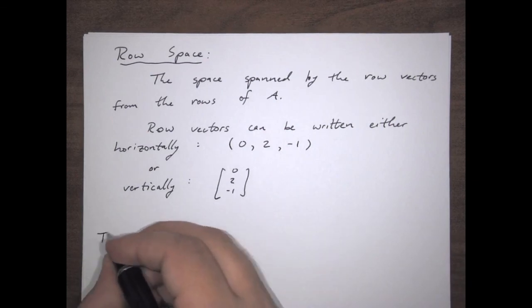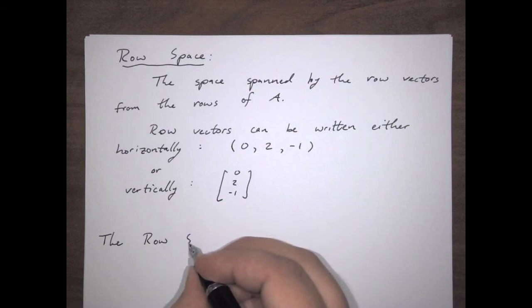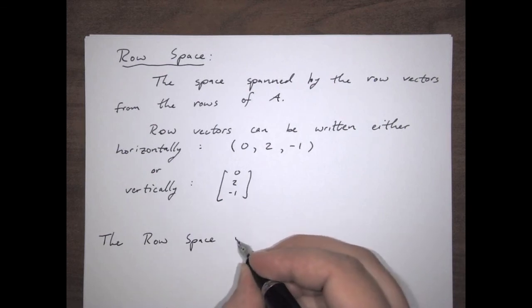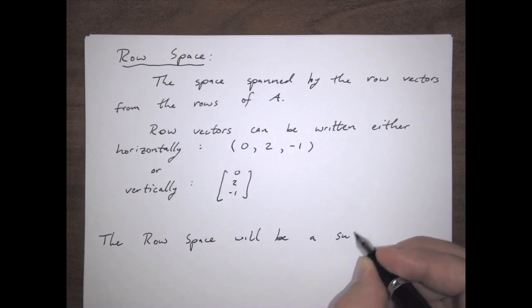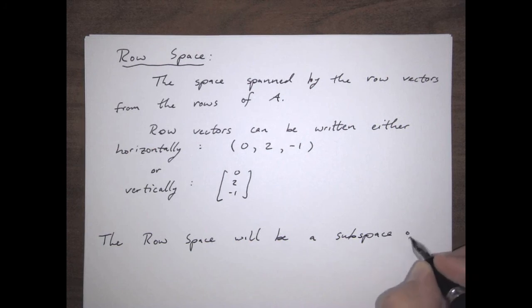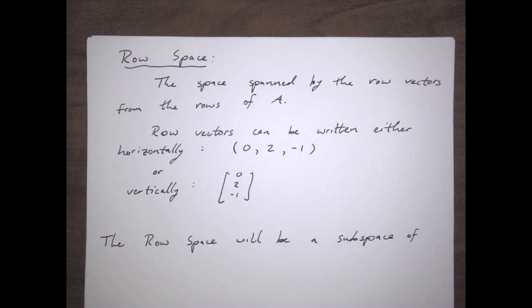So the row space will be a subspace of, and if you think about how many entries are in each row, it'll be however many columns there are.